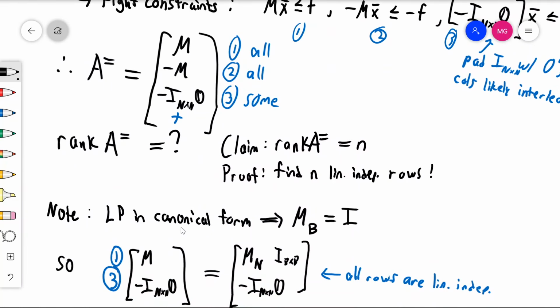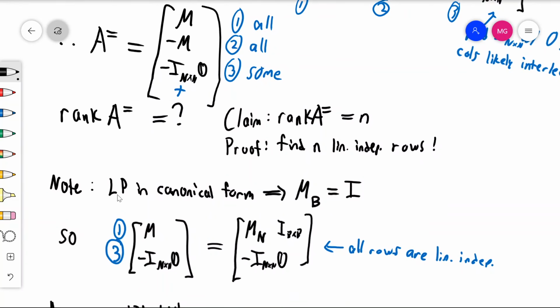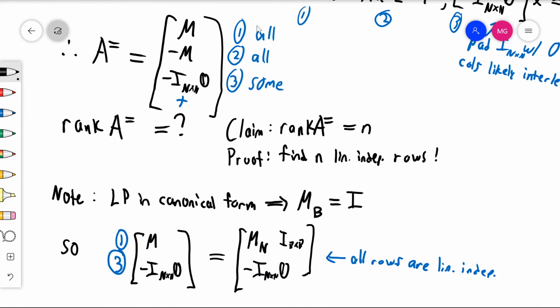And the way that you do that is first you note that the linear program is in canonical form for this basis B. So the submatrix of M, picked out by the B columns, is an identity matrix. That's part of what it means to be in canonical form for a basis. So let's just look at the type 1 block and the type 3 block, the part of type 3 that appears, I guess, is what I mean here.